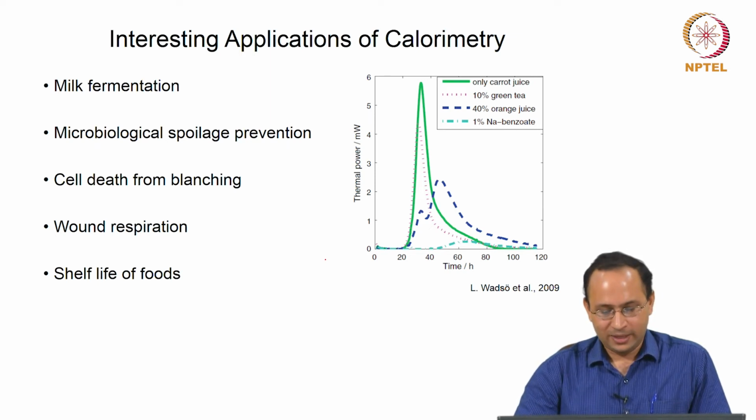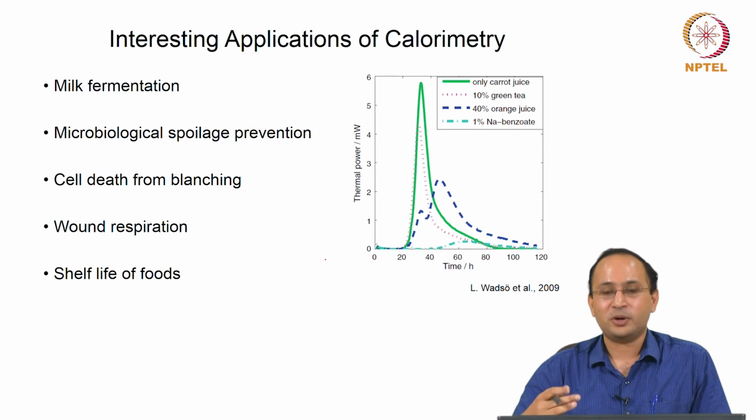Another example could be microbial spoilage prevention. The general goal of preventing microbial spoilage can be reached by many methods, like natural and synthetic chemical preservatives, and thermal treatments.